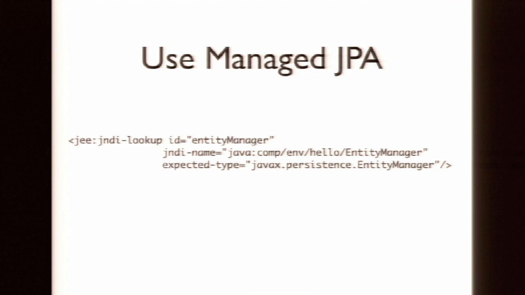Another example is using managed JPA as opposed to bootstrapping your own entity manager factory within your project. You don't care too much about it because at the end of the day, in your user DAO, you're going to get an entity manager injected. What you gain by using this is that if the application server is really good, it can do optimizations for you.